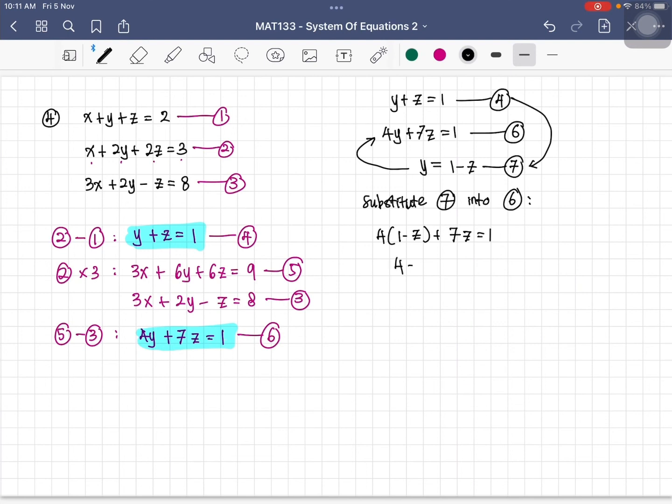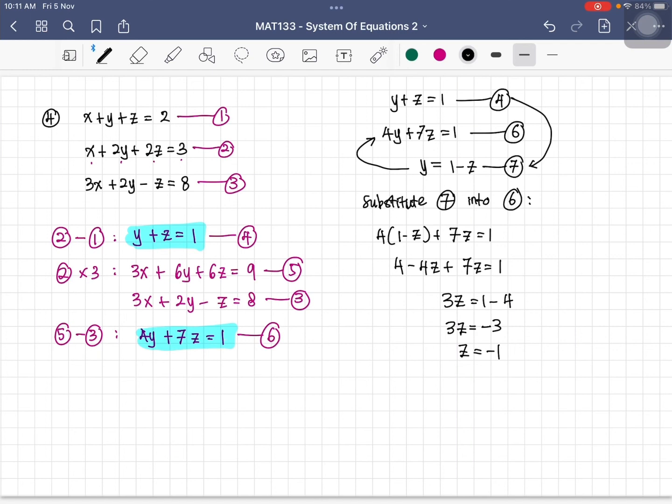So I have 4 minus 4z plus 7z equals 1. Therefore this simplifies to 3z equals 1 minus 4, so 3z is equal to negative 3. Therefore z is equal to negative 1.